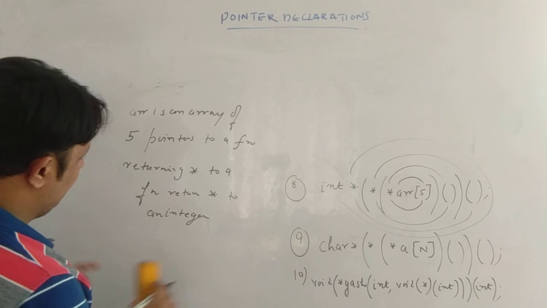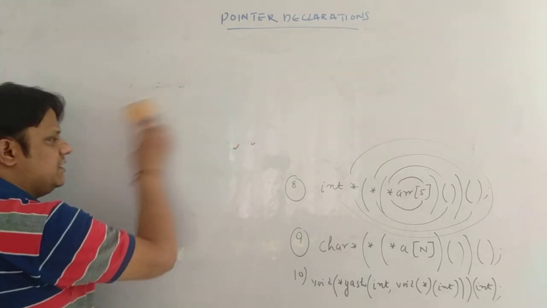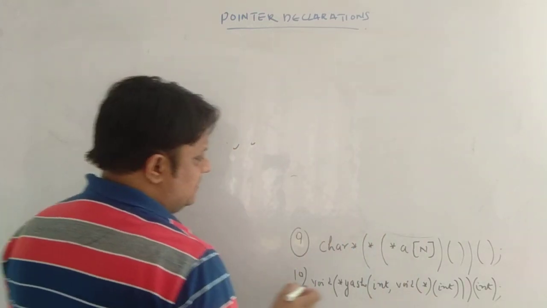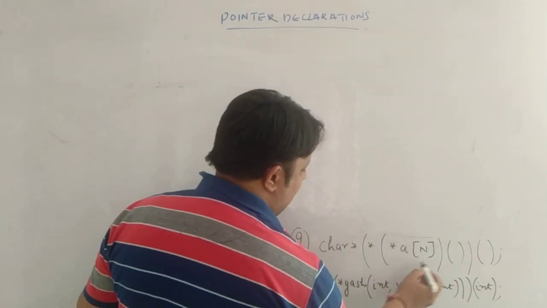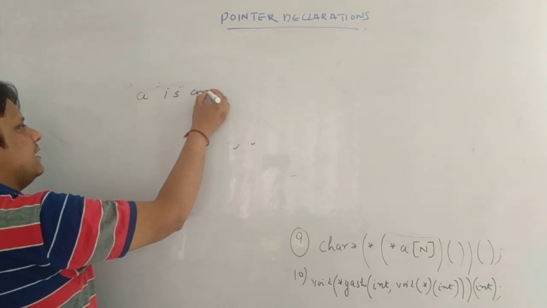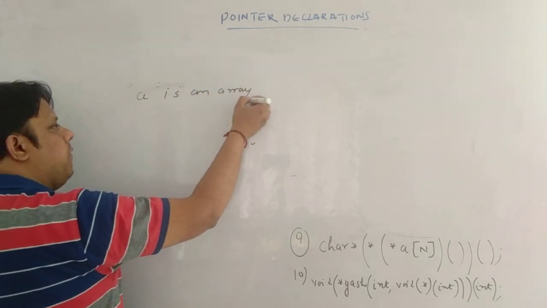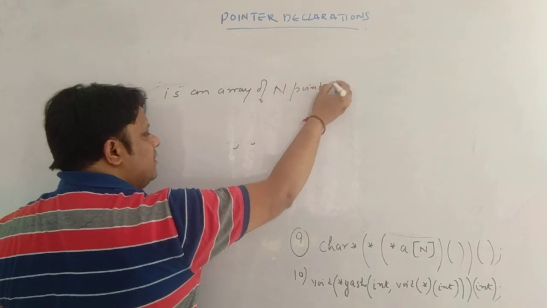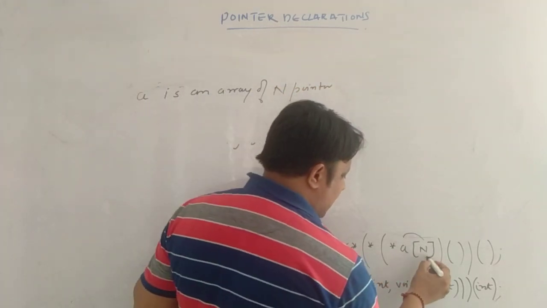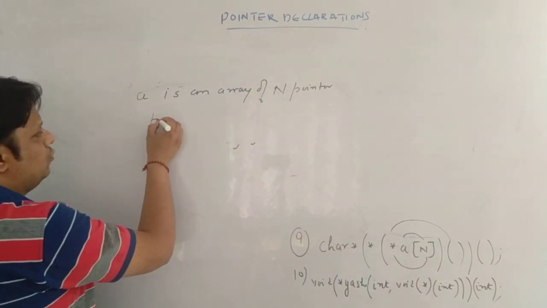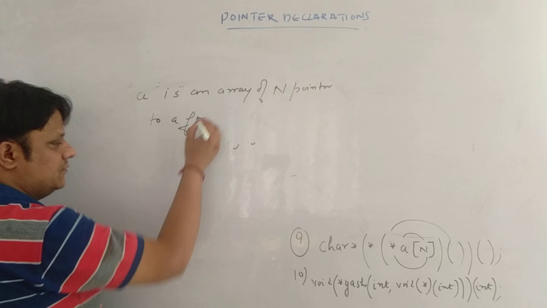Right. So now moving on to the ninth statement. So how do we read this? So in this, A is an array of n pointers. A is an array of n pointers to a function, right?